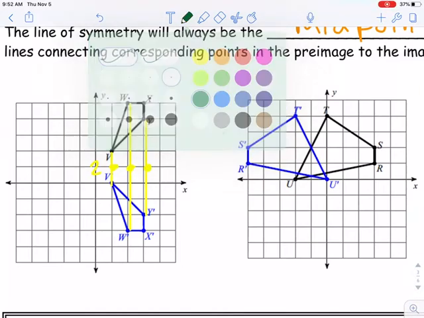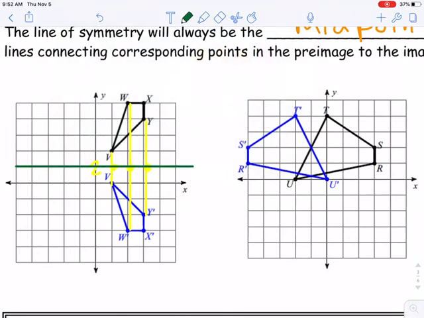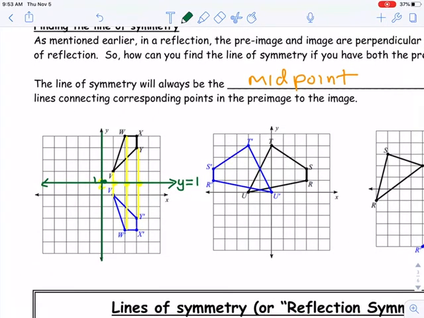It's just connecting all the midpoints. So that's one way to do it. Basically, you only have to do it for one of the points. You don't have to do it for all of them, or even just 3. So this would be the line y equals 1. Remember, it crosses the y-axis, and it's at 1. So that's why it's the line y equals 1.